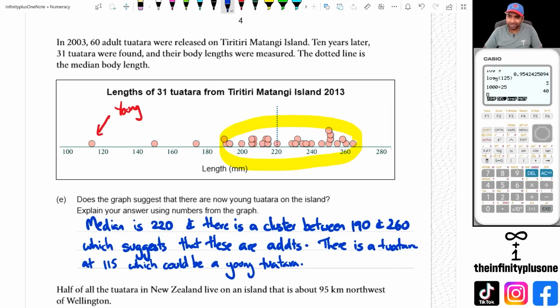So I might say which could be a young tuatara or an adult tuatara with a short tail. So to answer the question, it really doesn't suggest to us that there are young tuatara on the island.